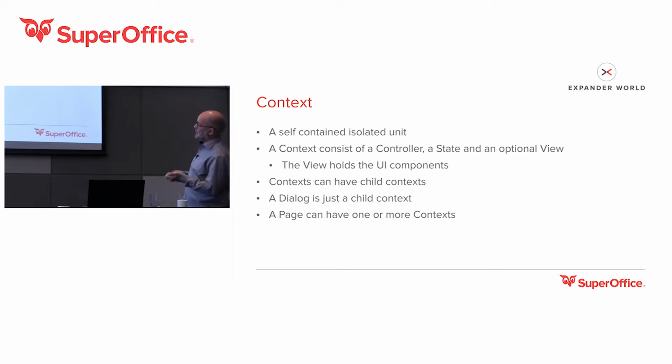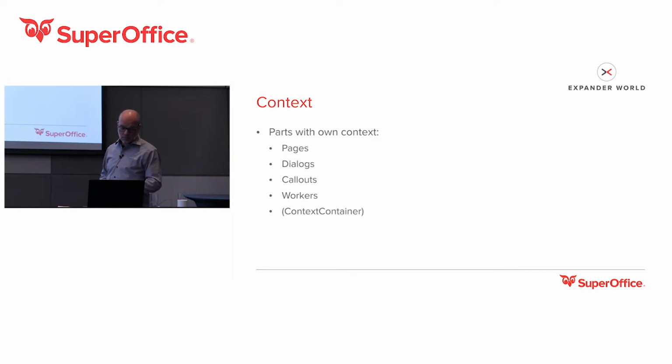So a context can have child contexts. You can have context within context. For instance, a dialogue is just a child context. It's a separate context. And on one page, there's basically no limit to how many contexts there can be. So the typical ones we have for now are a page, like the inbox you saw, and dialogues.